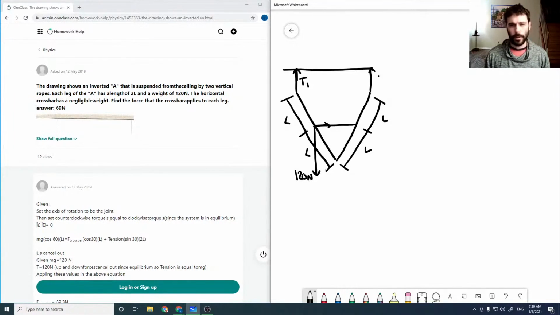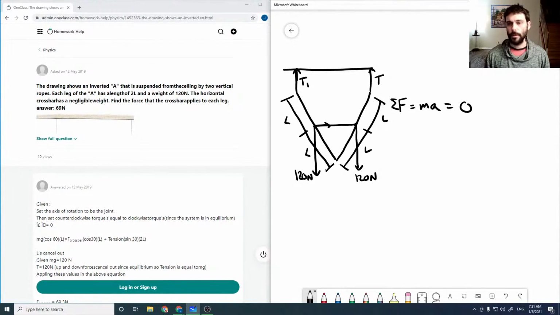So first of all, we can find the values of our tensions here by using F equals ma. So if we've got 120 newtons there, and we've got 120 newtons there, and so from F equals ma, or the sum of our forces equals ma, we know this equals 0 as it's not moving.